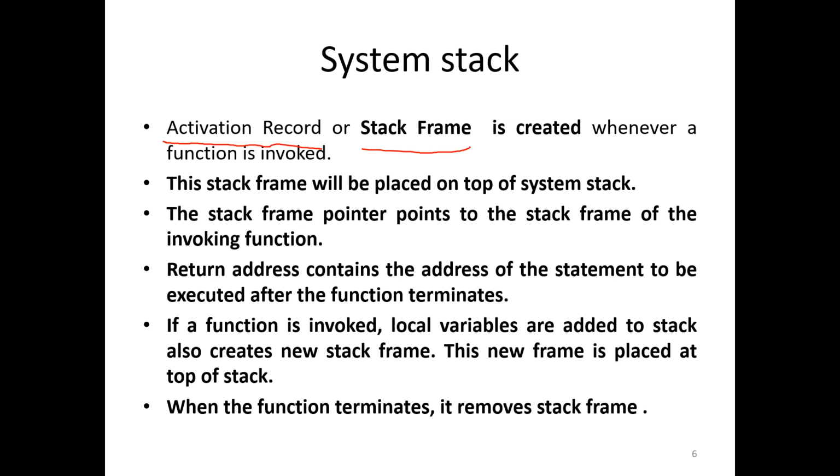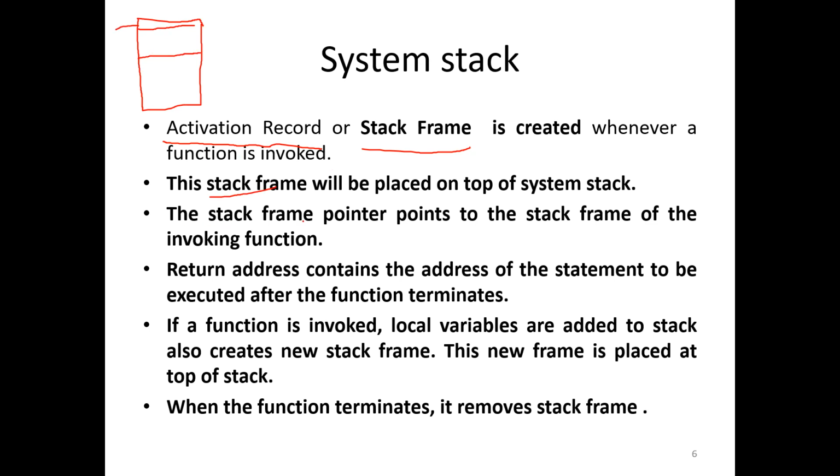The stack frame will be placed on top of the system stack. User memory is divided into so many parts, and one such area is called the system stack. The top part, the highest address, is reserved for stack frames.